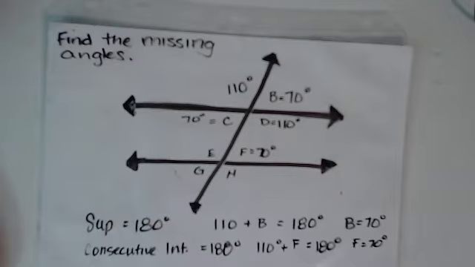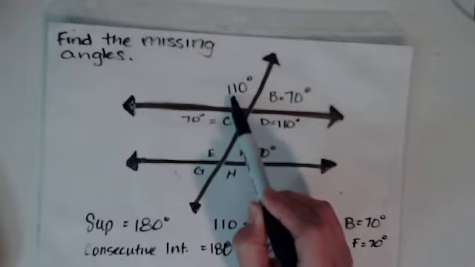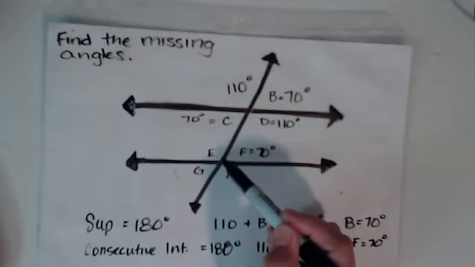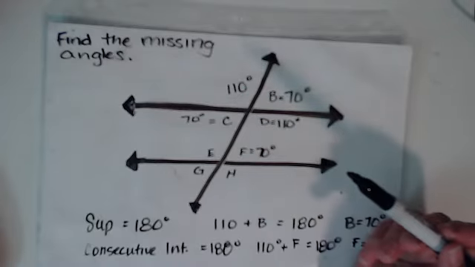If we look at our corresponding angles, we can see that this angle at 110 degrees and angle E are corresponding, meaning that they are on the same side of the transversal and the same side of each of the parallel lines.